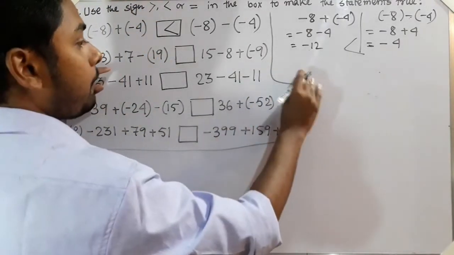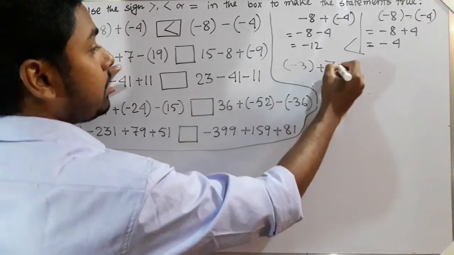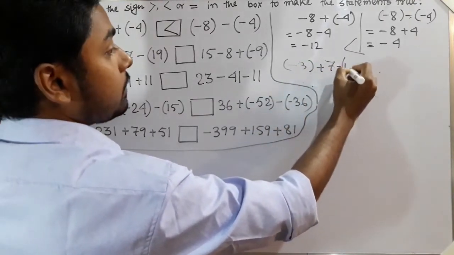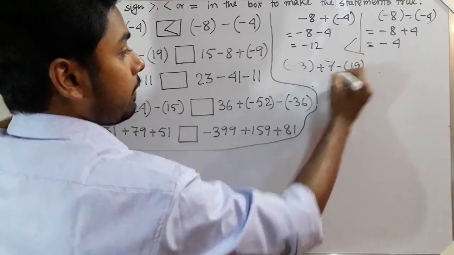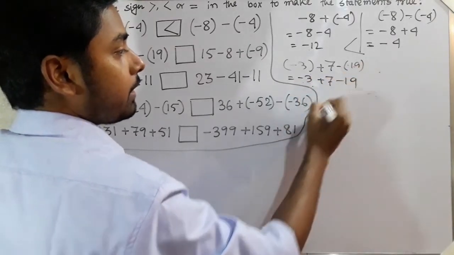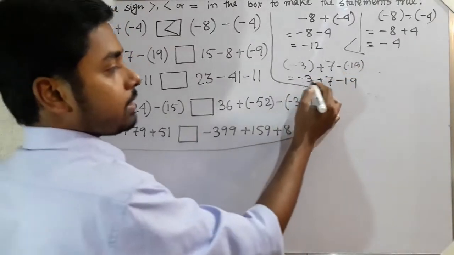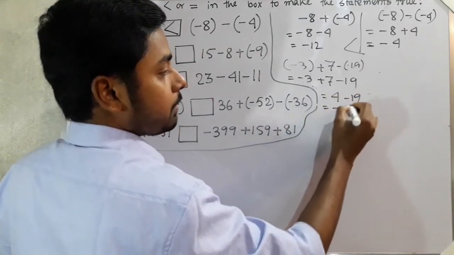Okay, now next part: minus 3 plus 7 then minus 19. Minus 3 plus 7 means plus 4, minus 19, that means minus 15.